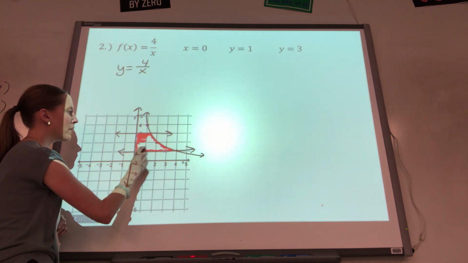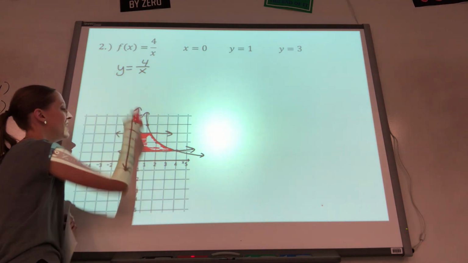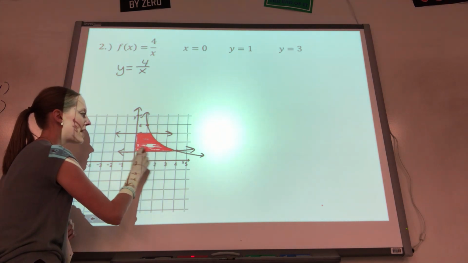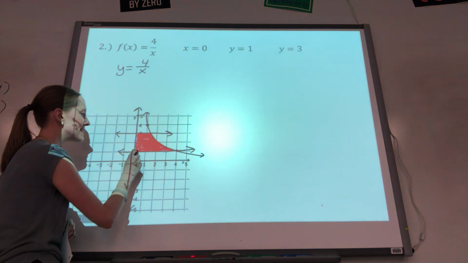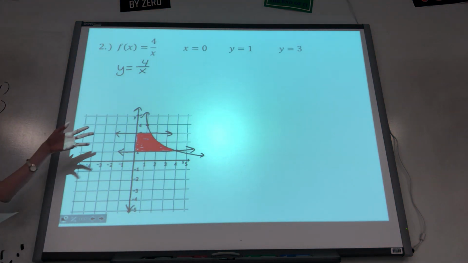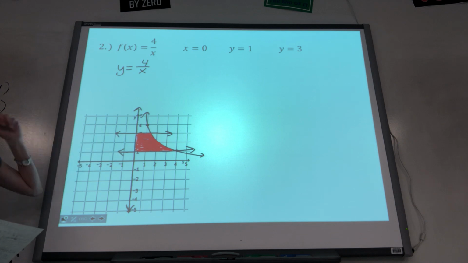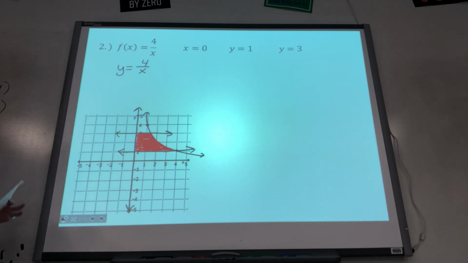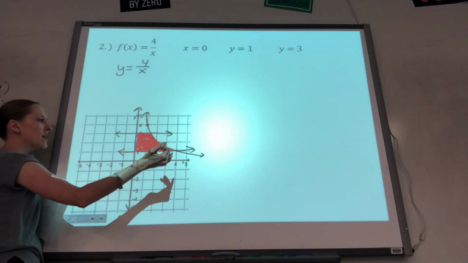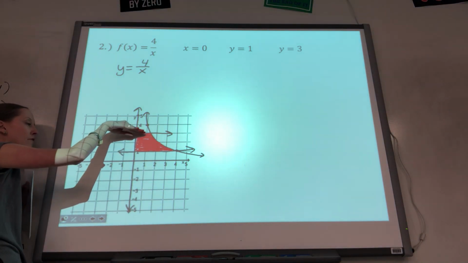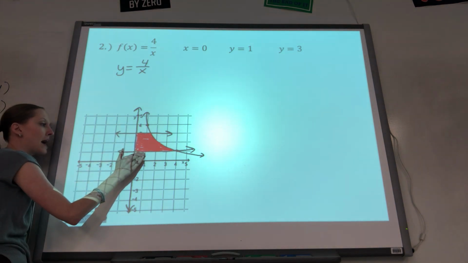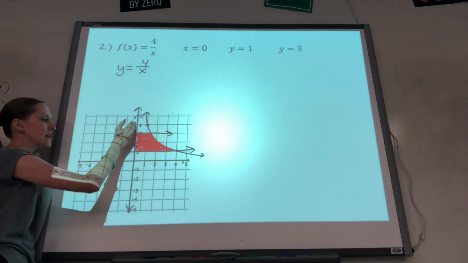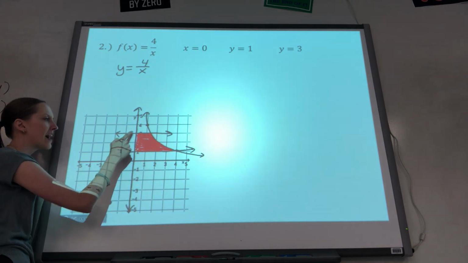Now, they give me the function in terms of x, which makes me think that I'm going to integrate with respect to x, but that's not the case. This bounded region would be hard to find the area of if you integrate with respect to x, because your integrand would be top function minus bottom function, and you could find your x values easily, the 0 here and the 4 right there.